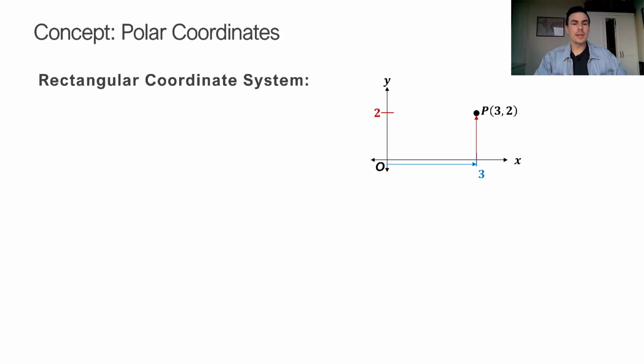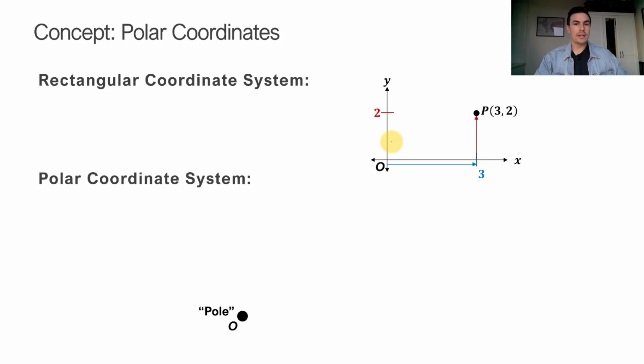We're doing this about this point right here, our origin. We're doing all this movement from the origin, moving this way and then moving this way. This tells us where to start when we start moving. Now for our polar coordinate system, we have something very similar. We do have an origin, except instead of calling it the origin, we refer to this as the pole. This pole is our starting point for our polar coordinate system.